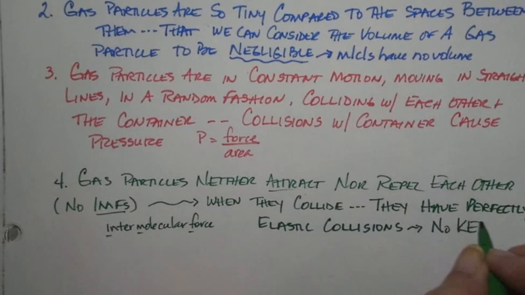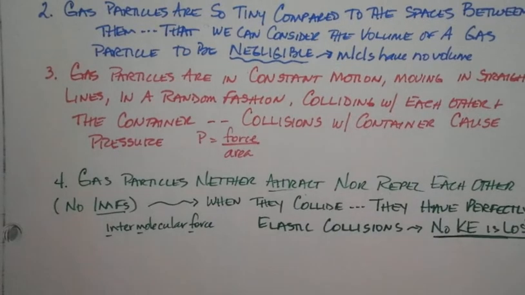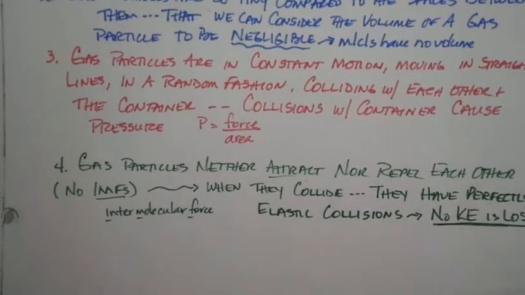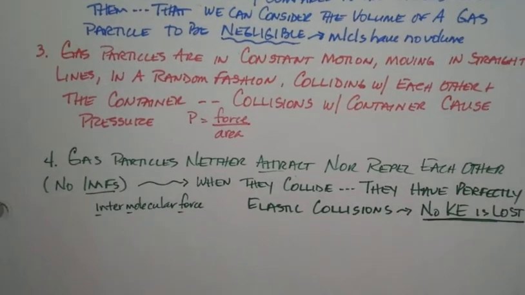So if they were not ideal gases, when they hit each other, they would slow down every time they hit something. And they would keep getting slower and slower until they came to a stop, right? That's a normal collision that you think of. In an ideal gas, that doesn't happen. Basically, when you've got gases right here, these are considered ideal gases, they don't stop. The molecules are constantly moving. So we have perfectly elastic collisions.